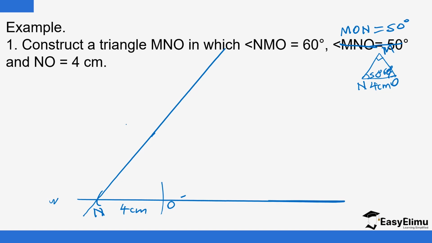So 60 degrees is here. So you draw a line through that mark.